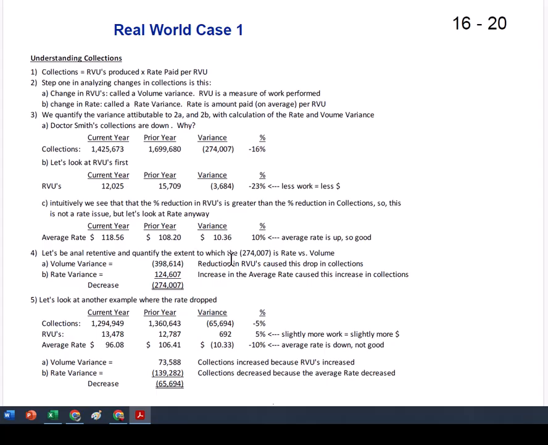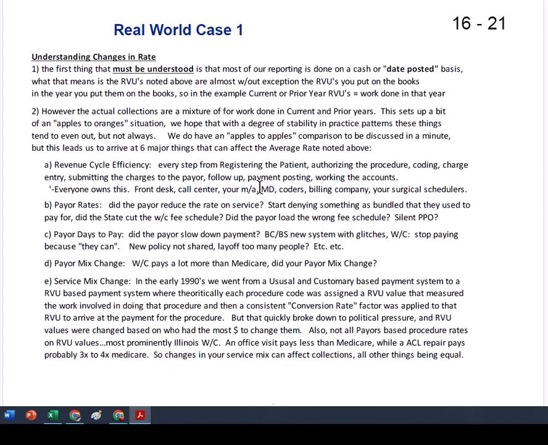I think I told you the example earlier of the physician that was upset. Their collections were down. I pointed out they took a month off, were out of the country. They said they made up for it, but I did a rate and volume variance and they hadn't. So we had kind of covered this, but I'd give this example.